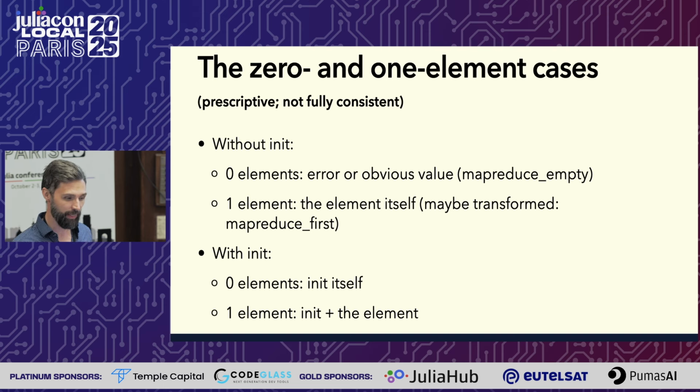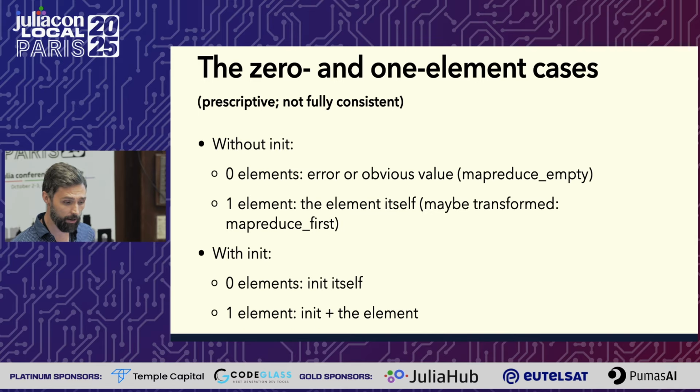Without giving an init, you'll either get an error, or in some cases, we can say, okay, with the plus and a sum, we know that you're going to get a 0 of some sort. With a multiplication and a prod, you're going to get a 1 of some sort. So in some cases, we can figure out an obvious value. That's governed by an internal function called MapReduceEmpty.